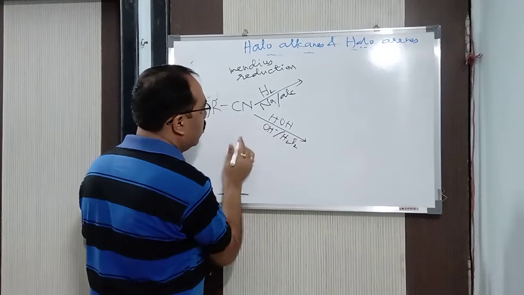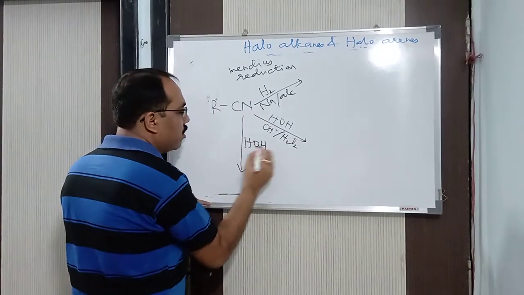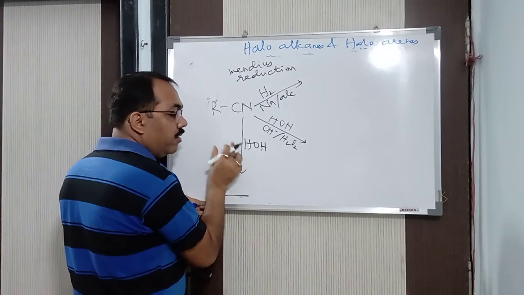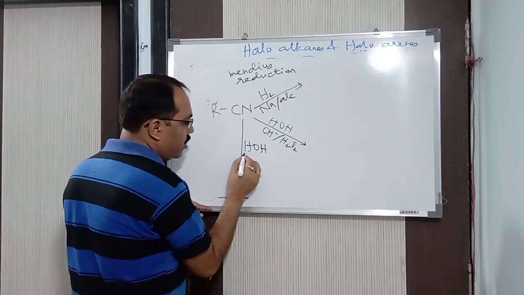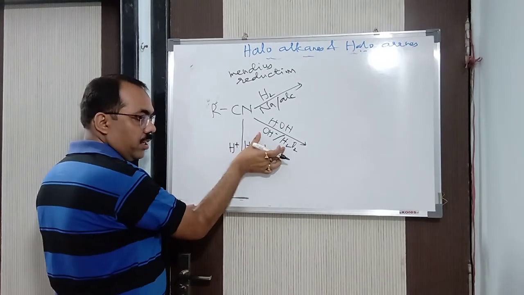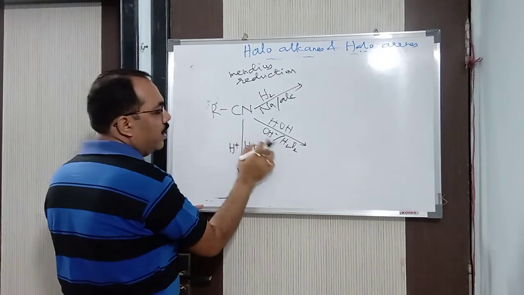The last is complete hydrolysis, where I take a strong dilute mineral acid, in presence of H plus. Here also H plus can be taken, but under low temperature, or under alkaline hydrogen peroxide.